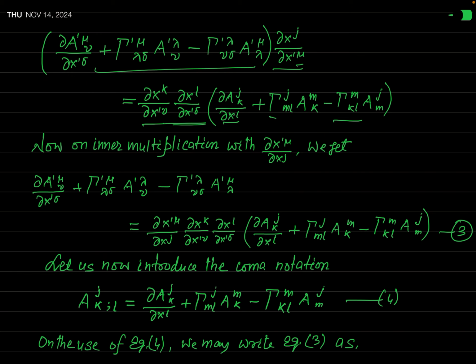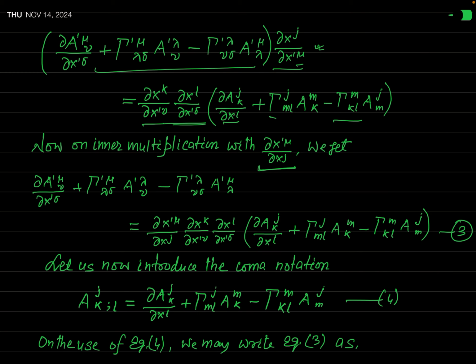Now after getting this result, let us take the inner multiplication of this result with ∂x'μ/∂xj, okay. See here, when you multiply the partial derivative ∂xj/∂x'μ by ∂x'μ/∂xj, that product will be 1.